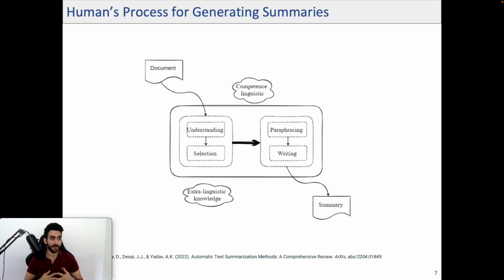After you select the right information from the text, the things you think are important, you are paraphrasing and writing. Keep this in mind. It's going to map into a lot of the NLP approaches to solve the problem. It is still mimicking the same human system.